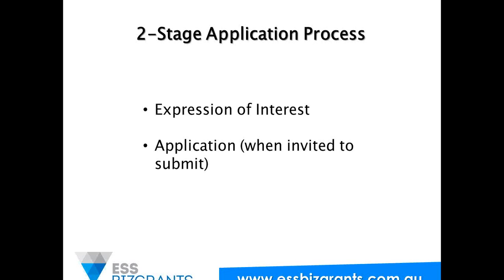If, however, it's a small business, maybe no turnover, or maybe only a few $100,000 turnover, then in most cases, those types of applicants are going to need a lot of assistance to be able to lodge a successful application.